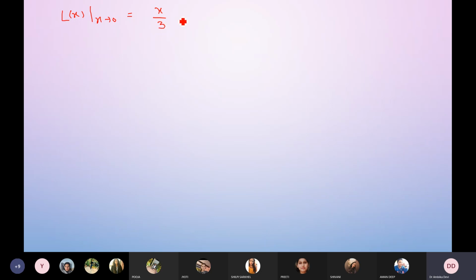If you substitute the value of x over here, you get mu m B divided by 3 kBT. This 3 is because of this, and mu m B upon kBT was the value of x.